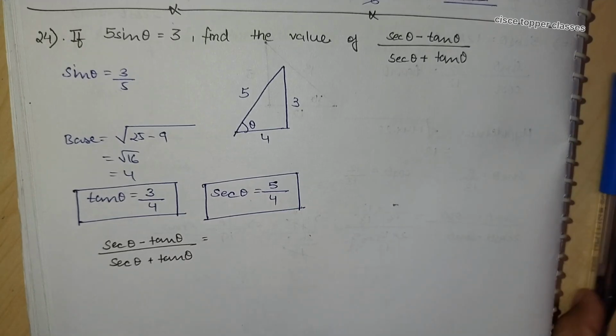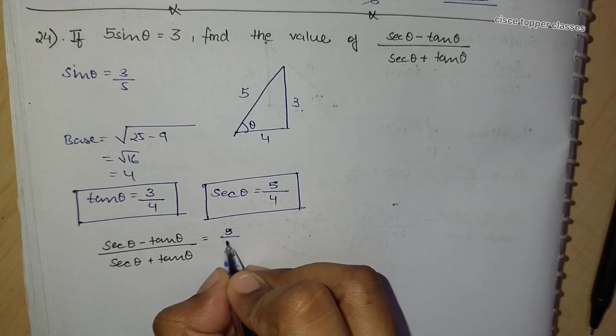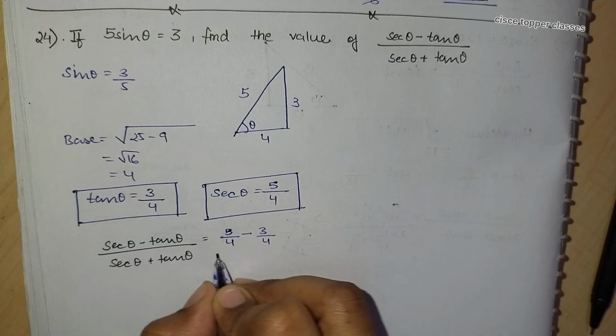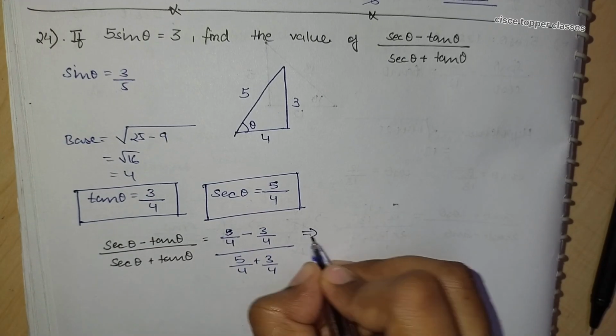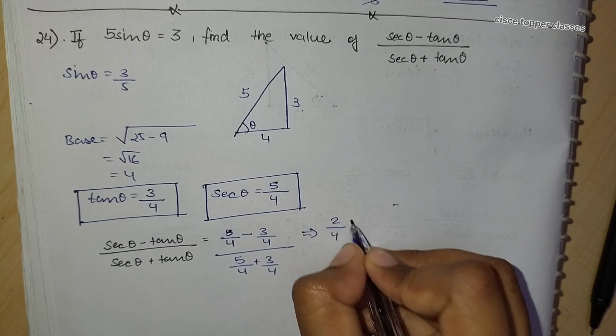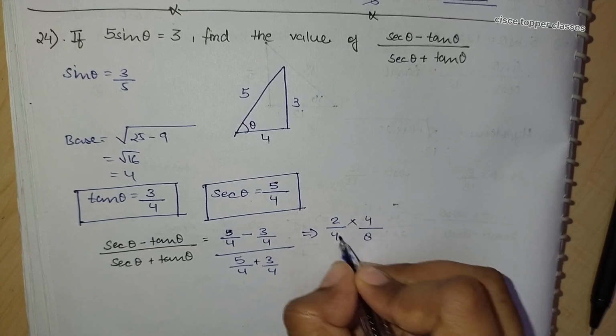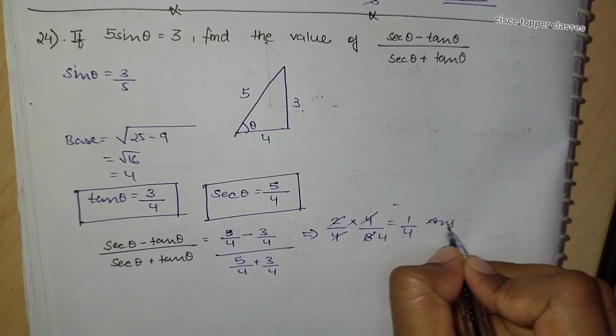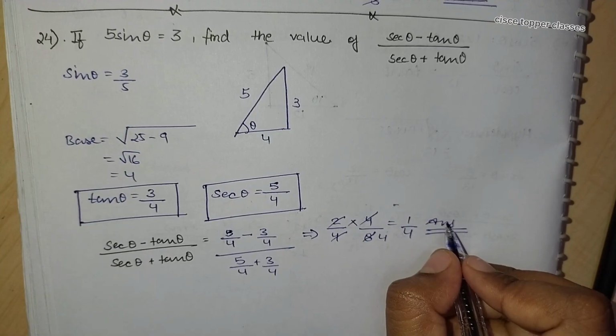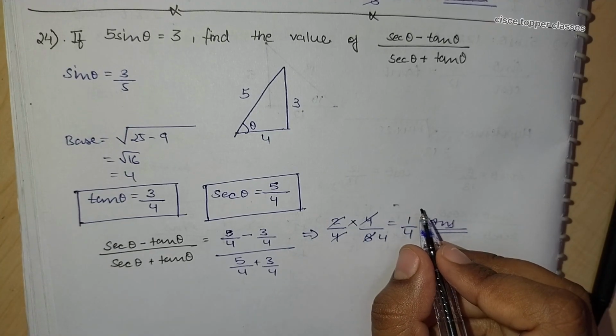If we put the values here, sec theta is 5 by 4 minus 3 by 4 divided by 5 by 4 plus 3 by 4. So 5 minus 3 will be 2 divided by 4 into 4, 8. This will cancel out and we will get 1 by 4 as the final answer in this question. So this is the solution of the 24th part here.